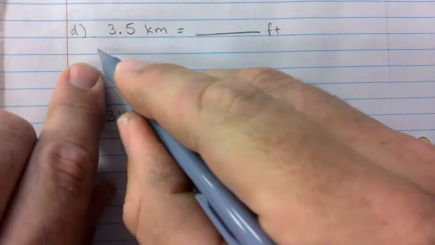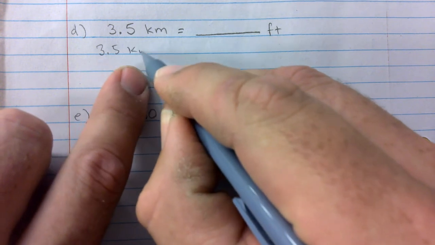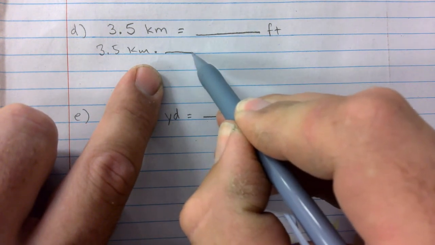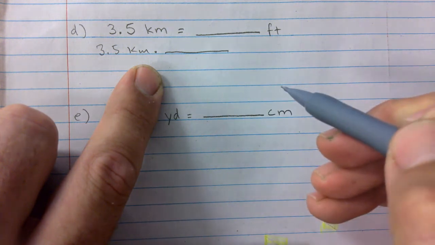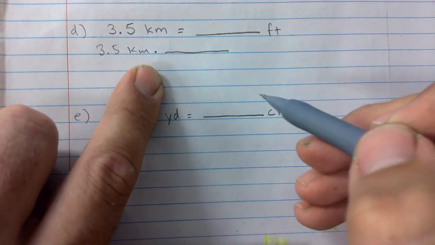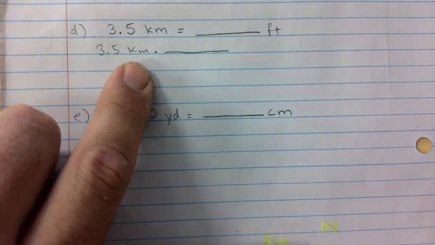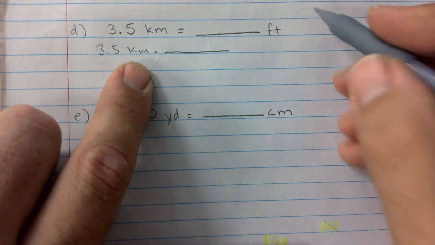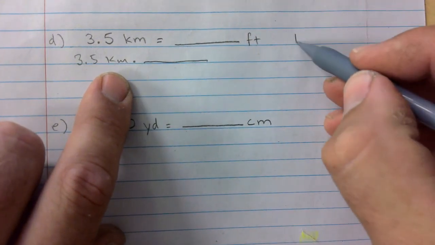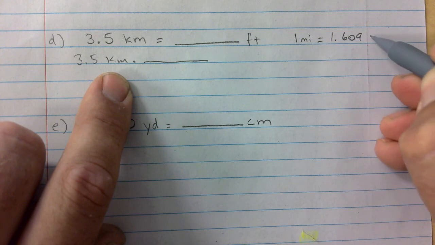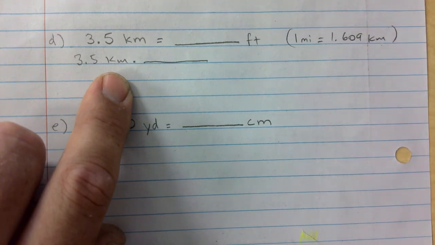Kilometers to feet. I know that my time is limited. I'm going to go kilometers to miles because I know that. Oh, I didn't give you that, did I? Of course you couldn't do it. Okay, 1 mile has 1.609 kilometers. Of course you couldn't do it, right?